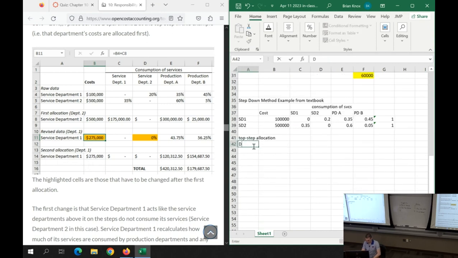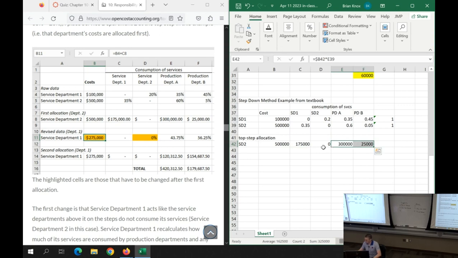Okay. SD2. It's got that 500,000. And it's going to allocate to all the departments that still count, that are below it, which includes both production departments.